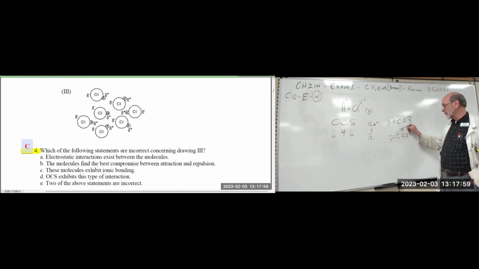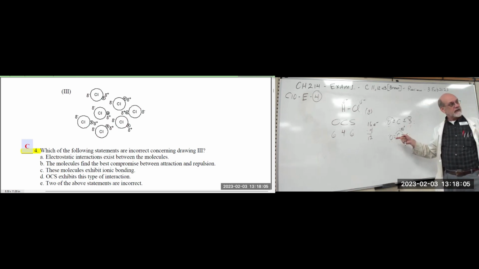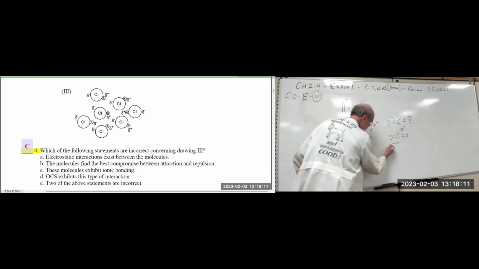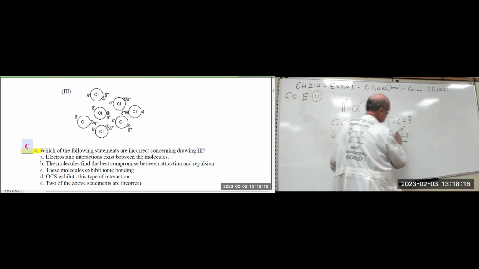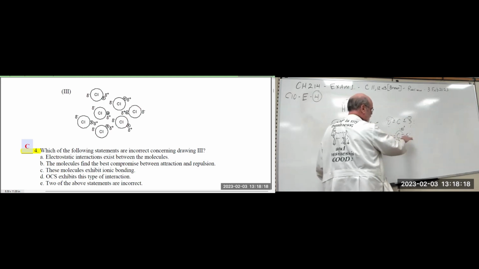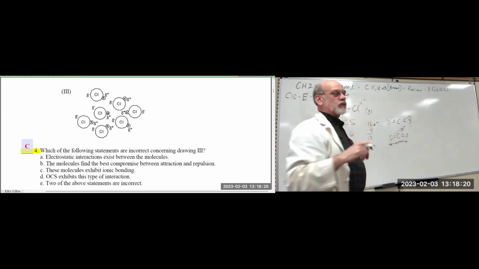180 degrees. So that means we've got to look at the difference in electronegativities, which means that this side is going to be electronegative toward the oxygen, and this one's going to be electronegative toward the sulfur. It's going to be polar toward the oxygen, polar toward the sulfur. But which one is more polar?